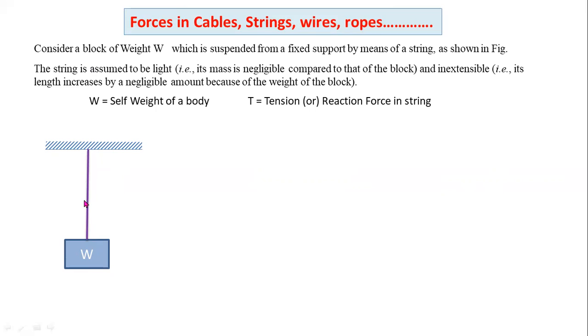That means its length increases by a negligible amount because of the weight of the block. Now here capital W is the self weight of the body, and here capital T or capital R is the tension or reaction force in the string.